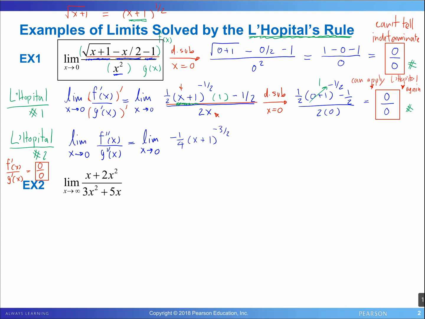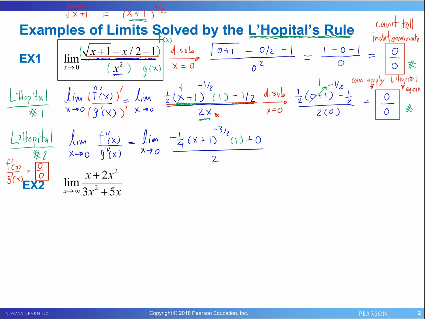And now we diff the inside, x plus 1. So we have another 1 down here. Now I diff this, minus 1 over 2, I get 0. So over here, nothing. Divided by, so I need to diff g prime of x again to get g double prime of x. So I need to diff this 2x, and I get 2 down here.